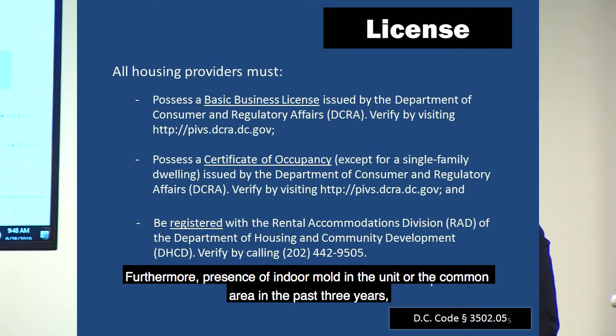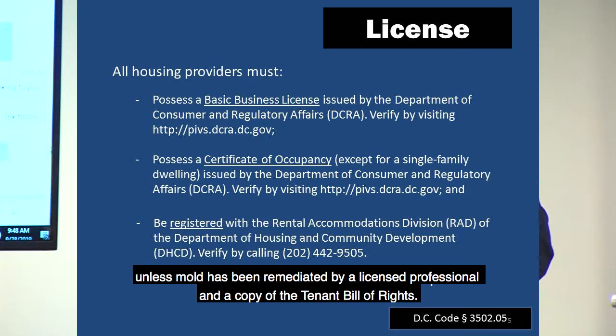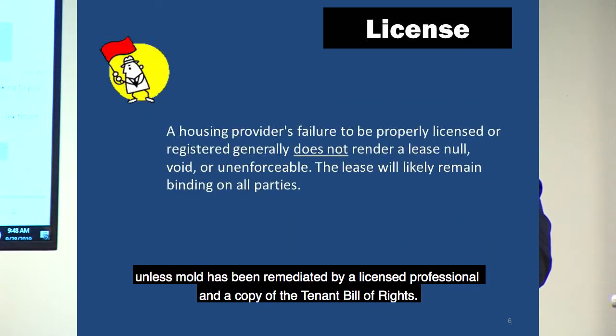Furthermore, presence of indoor mold in the unit or in the common area in the past 3 years, unless mold has been remediated by a licensed professional, and a copy of the tenant bill of rights.